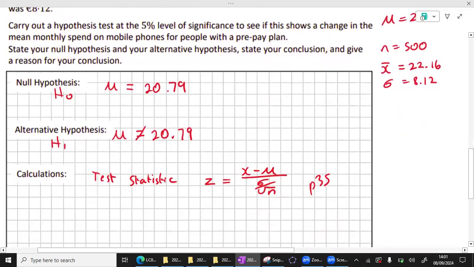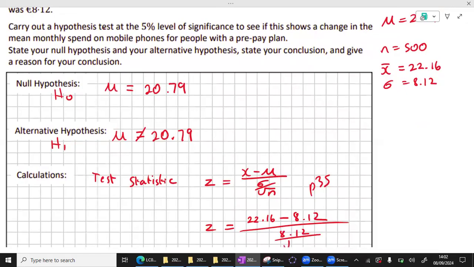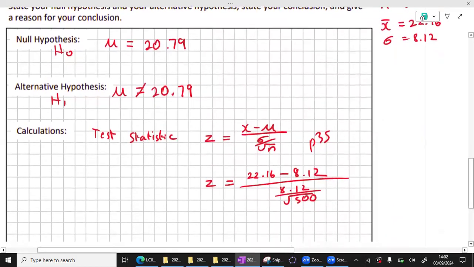Now, when you fill this in, your Z-score is going to be your x bar, 22.16, minus mu, divided by the standard deviation, and then you're dividing by the root of how many people were in the survey. Now, this is my test statistic, so I'm going to put this into my calculator and see how this comes out.